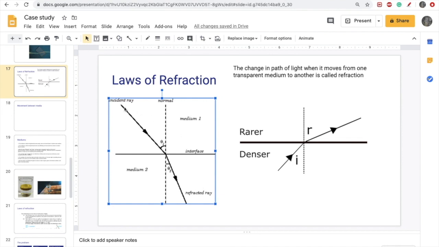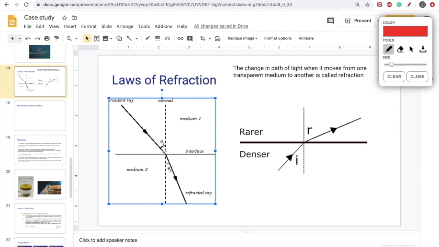So if it was traveling from air and goes to water, then it bends towards the normal. But how much does it bend? Instead of going like this, it has bent here, because this is water, that is air, and this is denser, so it has bent towards the normal.